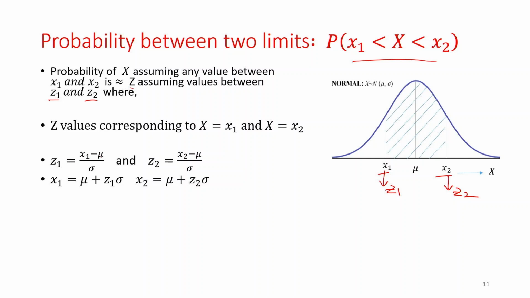z1 is x1 minus mu by sigma, because the Z variable is X minus mu by sigma. So z1 is x1 minus mu by sigma and z2 is x2 minus mu by sigma. Therefore, x1 is mu plus z1 sigma, x2 is mu plus z2 sigma.